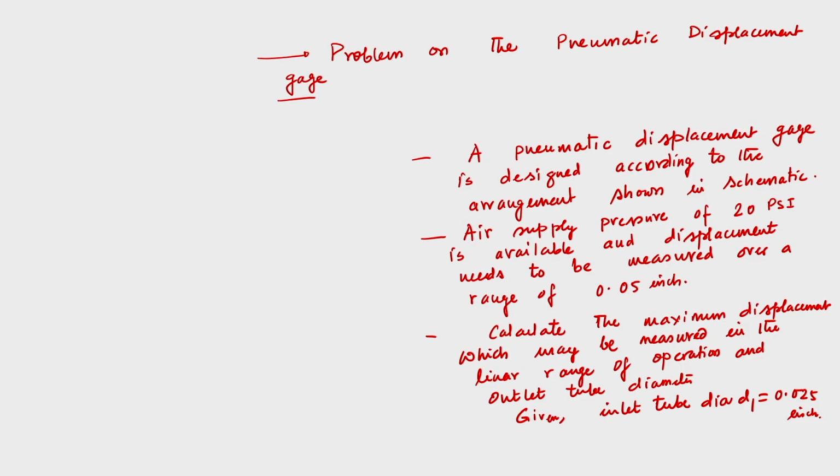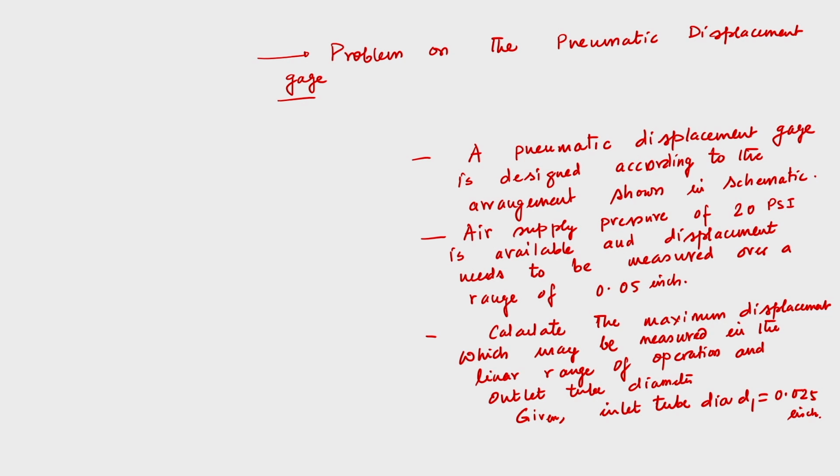We have seen the schematic depiction of this kind of pneumatic displacement gauge, but we need to redraw it to have a better understanding of the problem. It is given that the air supply pressure of 20 psi is available and the displacement needs to be measured over a range of 0.05 inch. We have to calculate two things.